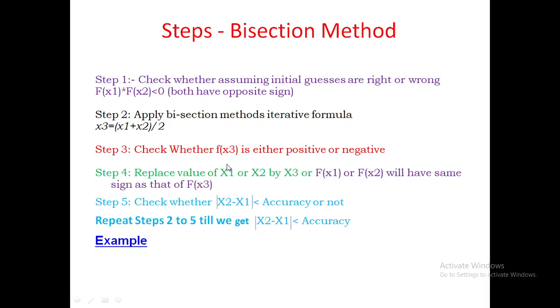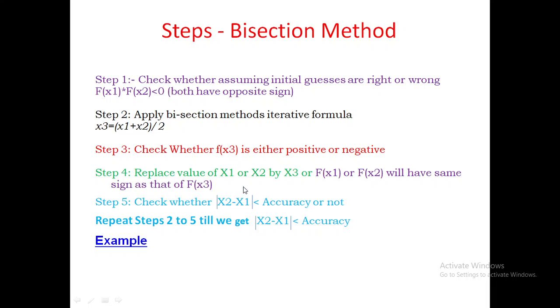So that you will get the new formula: f of x2 into f of x3 is less than 0, or f of x2 into f of x1 is less than 0, in the fourth step. Means we want to find out the new guesses for x1 and x2.